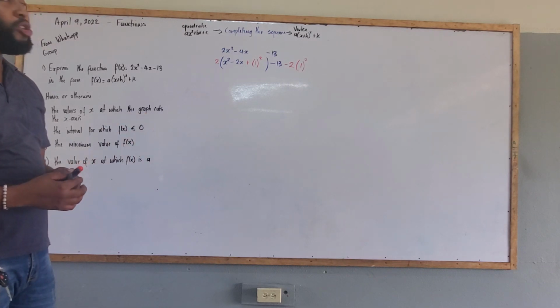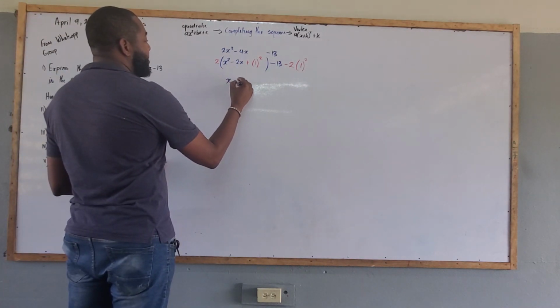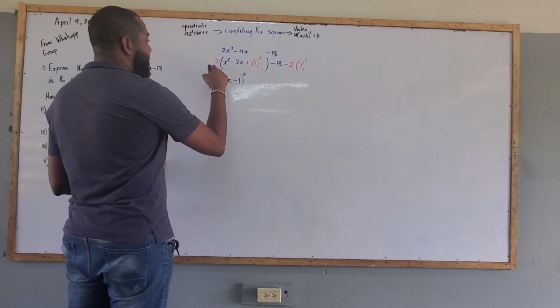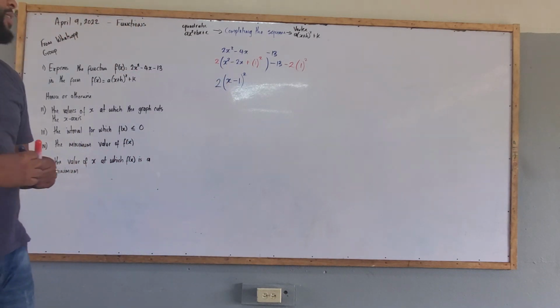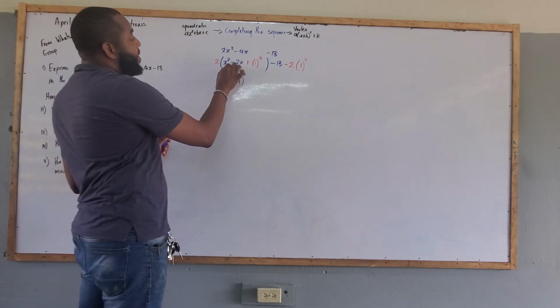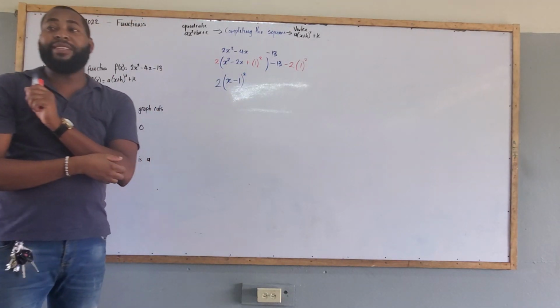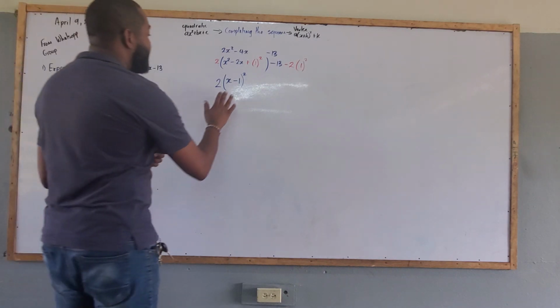Next part is just completing the square. That part should be easy. Just take down the values of the squares: x minus 1 squared. This 2 comes right down. Inside the bracket, rather than write back all three terms, we just pull out the terms with the square, and whatever comes after x squared comes down.